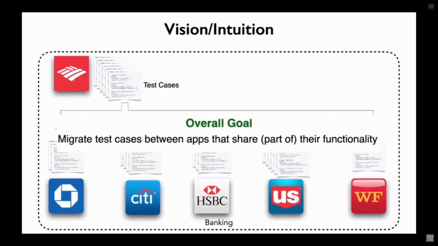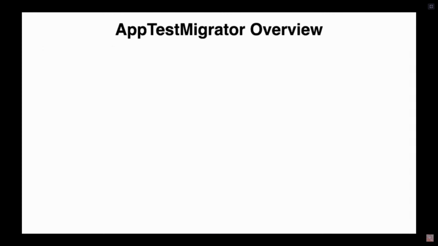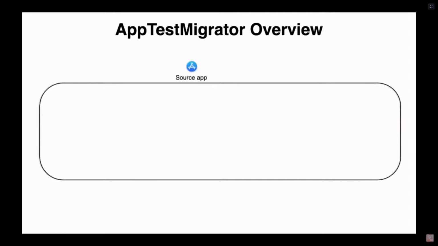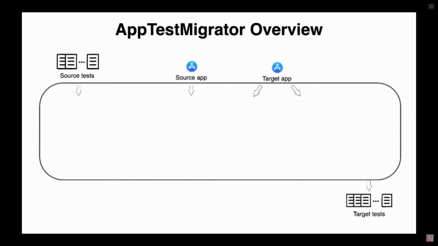So the overall goal of App Test Migrator is to migrate test cases between apps that share at least part of their functionality. At high level, App Test Migrator takes as input a source app, a set of source tests, and a target app, and as output, it generates a set of target tests.